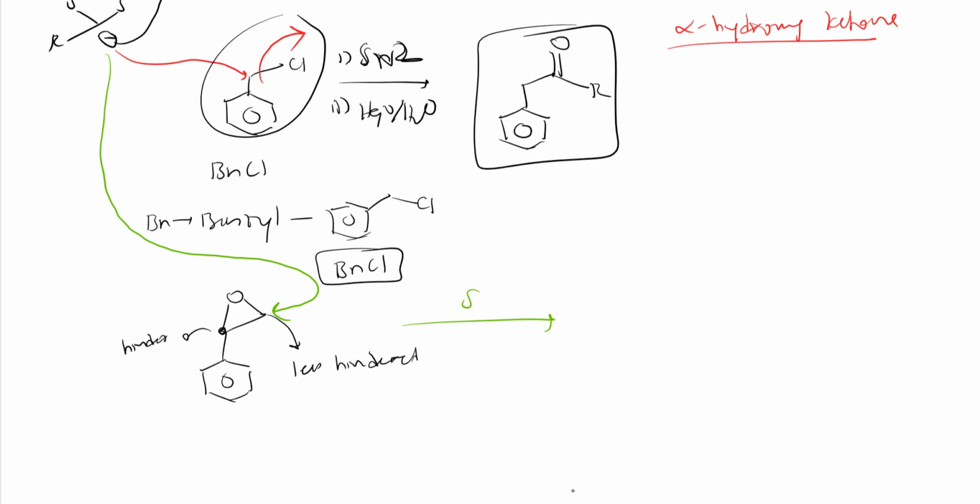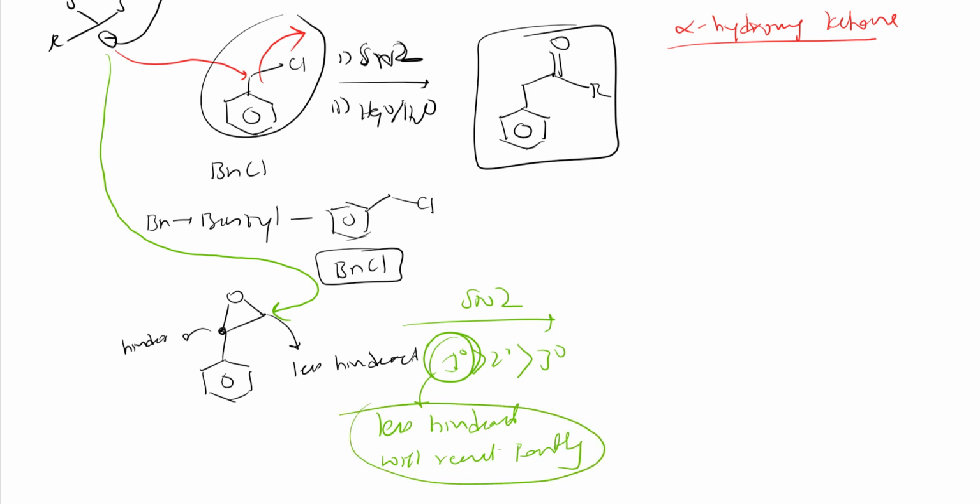I know that the SN2 order is primary, secondary, tertiary. It means primary will react fast. It means less hindered. Primary will always be less hindered. So the less hindered will react fast, right? So this thing you need to understand.